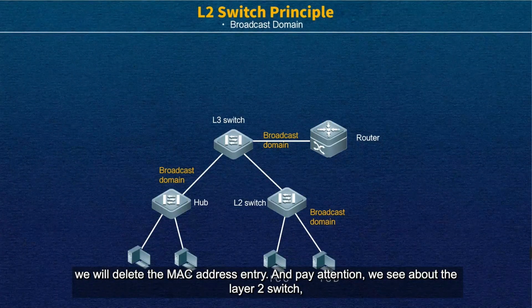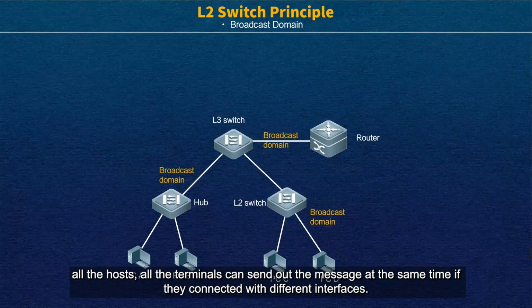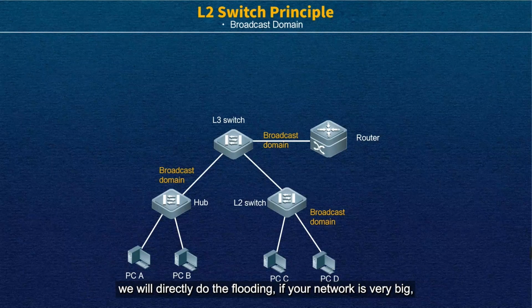And pay attention, a layer 2 switch can forward the message and can divide the collision domain. All the hosts or terminals can send out messages at the same time if they are located on different interfaces. But pay attention, a layer 2 switch cannot divide the broadcast domain, because when we receive a broadcast message, we directly flood it.